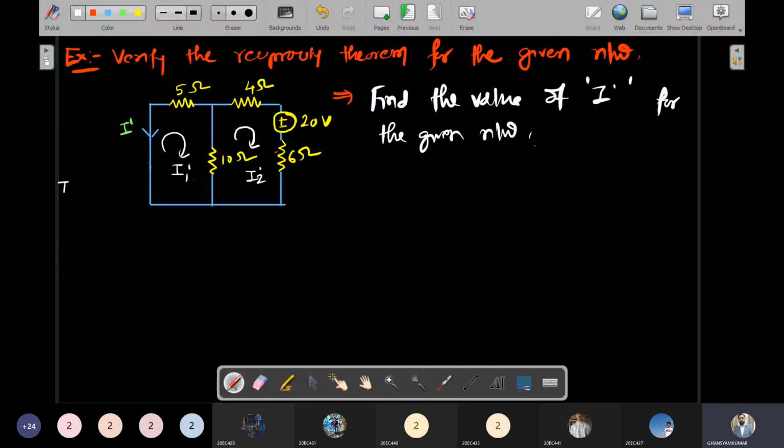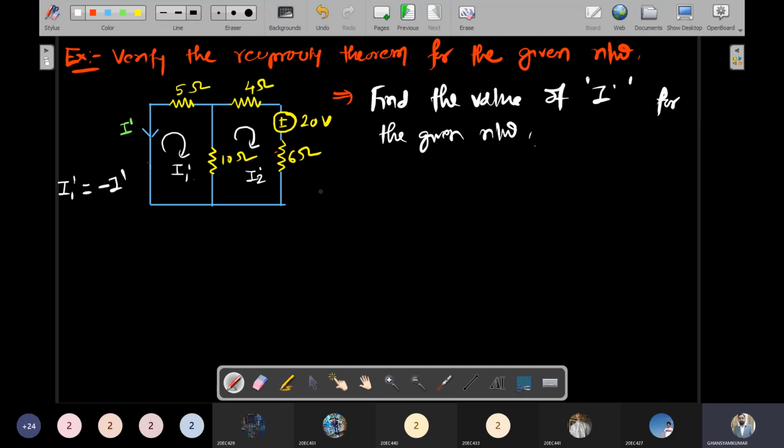So you can say I1 dash is equal to minus I dash. Am I right? Yes, sir. Because we are just assuming clockwise direction always, so I've written this. You can assume anti-clockwise as well. If you assume anti-clockwise, you can directly say I1 dash equal to I dash. You cannot take that minus.